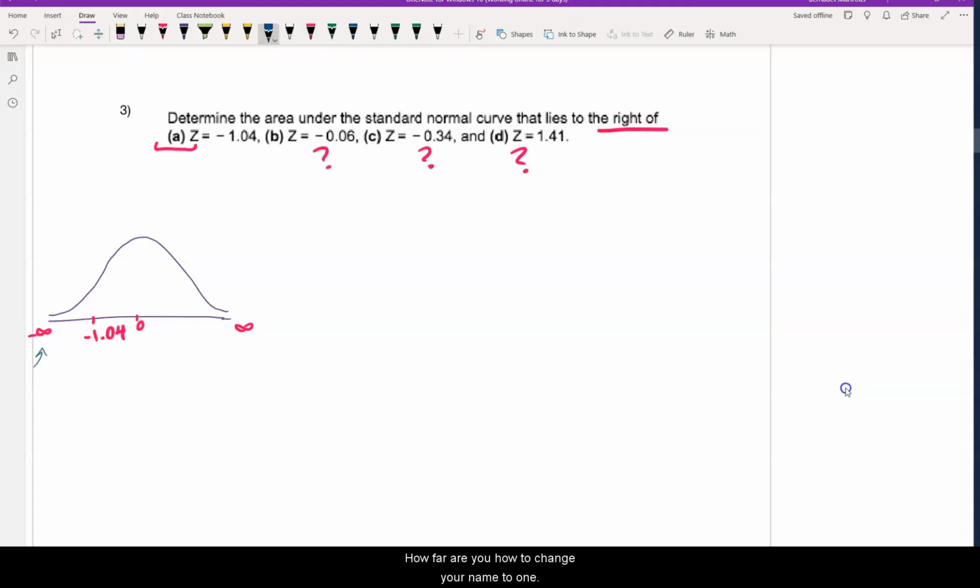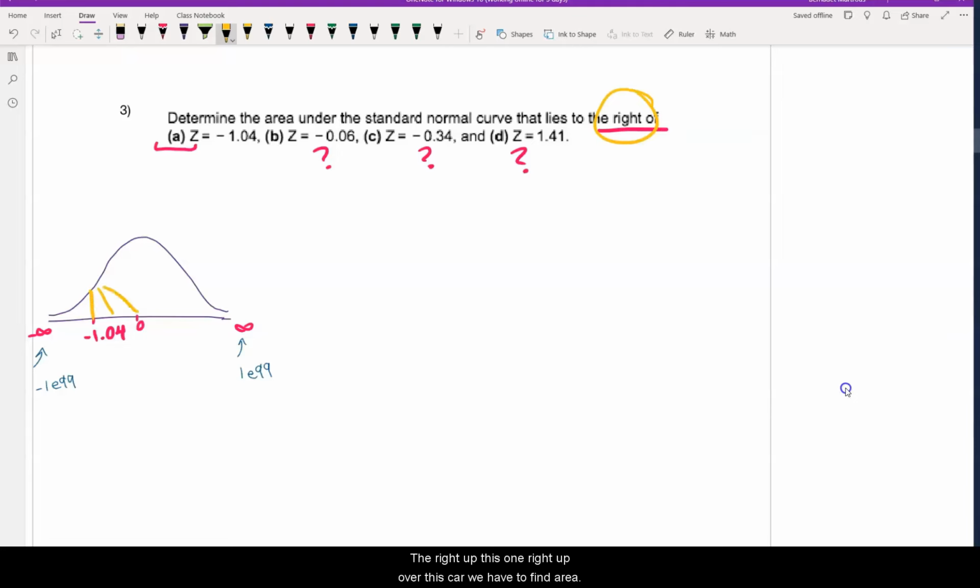So for negative infinity, you have to enter negative 1, E99. And here, positive infinity is positive 1, E99. For this part, our z-score is negative 1.04, and here it's asking to find area to the right.